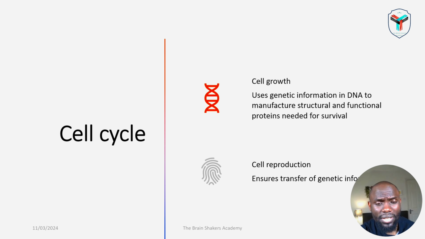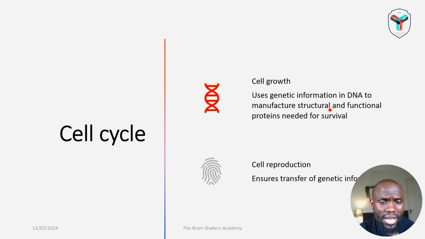Now let's quickly look at some of the branches of the cell cycle. The cell cycle can be broken down into two main parts. The first is a portion of the cycle where the cell has to grow in size. It has to undergo genetic information being duplicated and manufactured, and also the formation of relevant proteins that it is going to need as it continues with the cycle, and that is the process of cell growth.